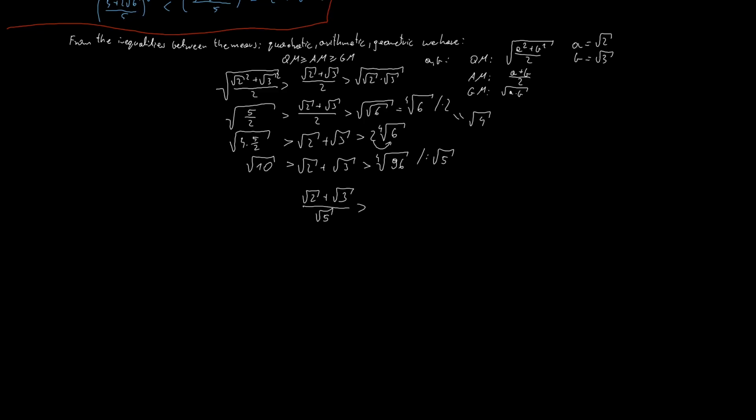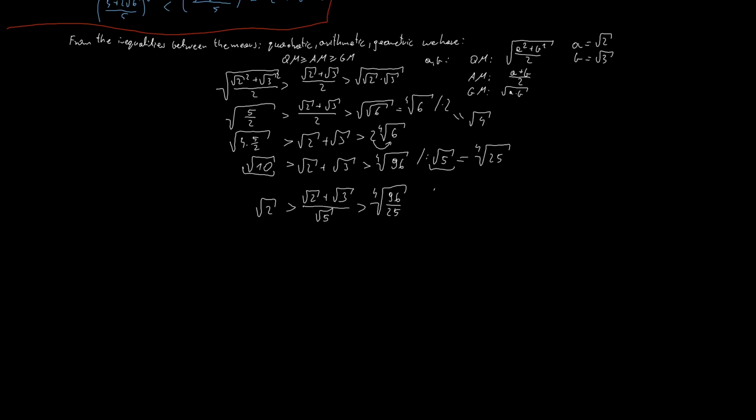So this is more than fourth root of 96 divided by 25, because square root of 5 is fourth root of 25. And here we have square root of 10 divided by square root of 5, which is square root of 2.